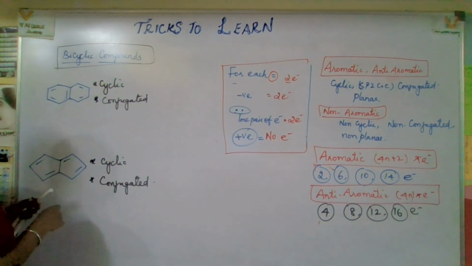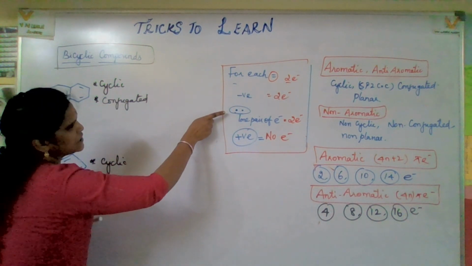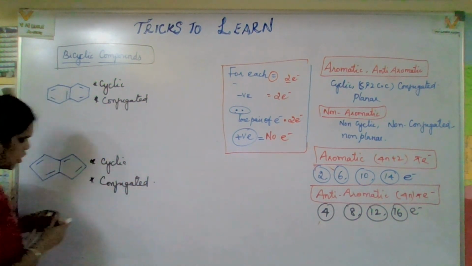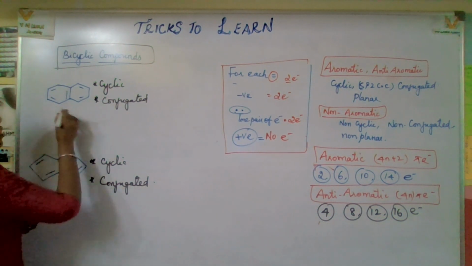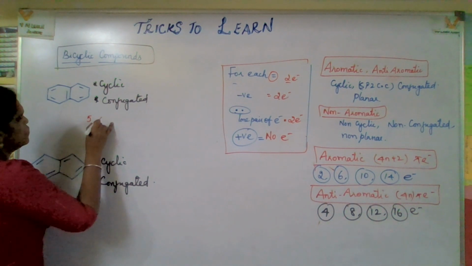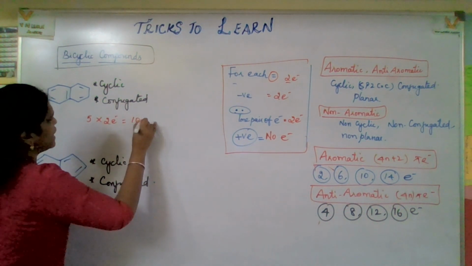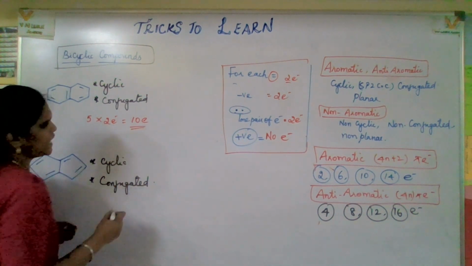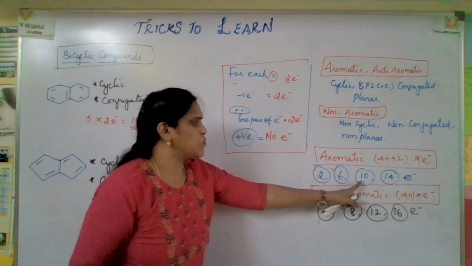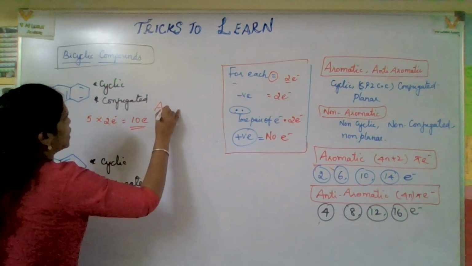Only alternate double bonds are available in both the compounds. There is no negative charge, neither lone pair of electrons nor positive charge. So how many double bonds are there? 5 double bonds. 5 into 2 electrons, so automatically 10 electrons. 10 electrons means it belongs to what? Aromatic. So naphthalene is aromatic.